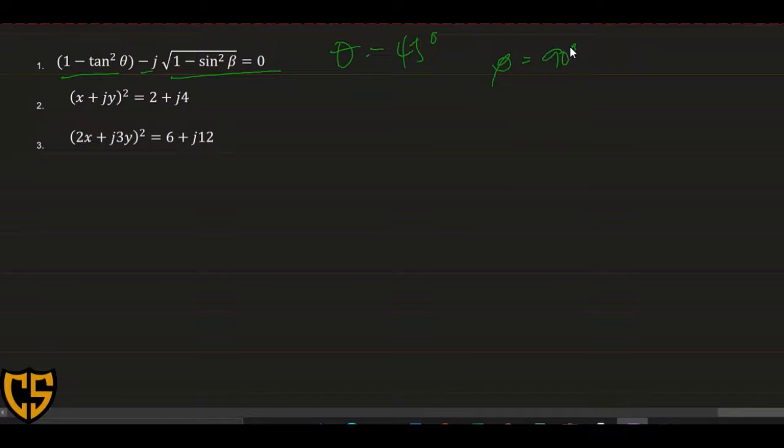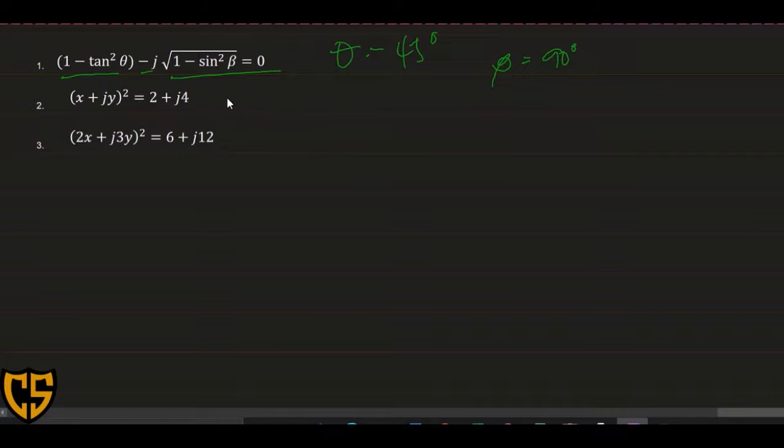So now let us try to solve another example, which is example number 2. For example number 2, we are given x plus jy, the quantity squared, is equal to 2 plus j to the j4. So we have to solve this. We are going to simplify this and square the left side of the equation.